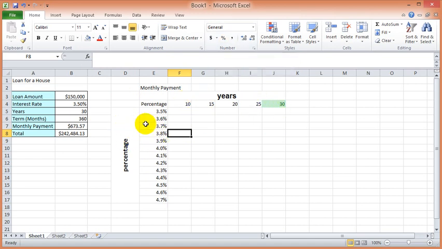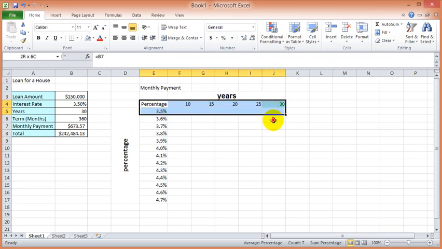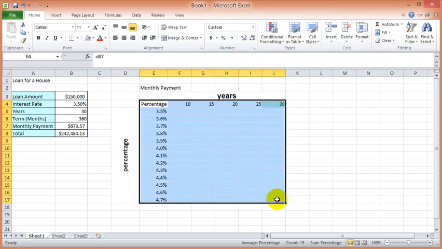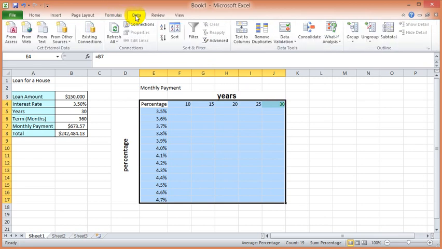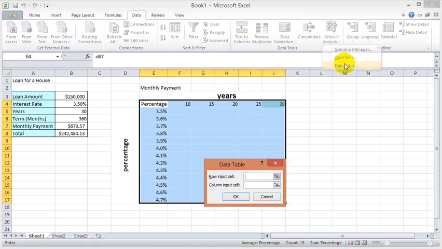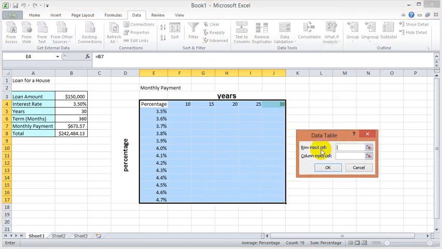Now we're going to do a two variable data table. So we highlight the whole thing right there, and we're going to go to Data, What-If Analysis, Data Table. Okay, row input cell. What's a row?